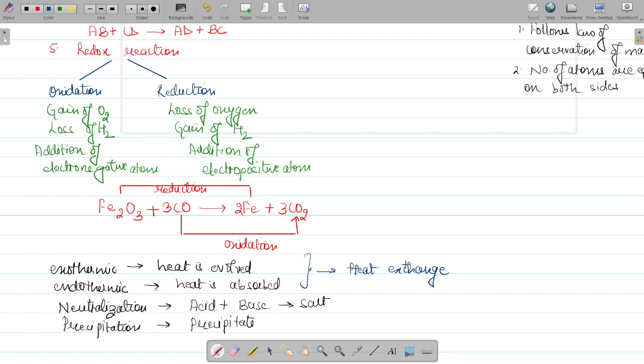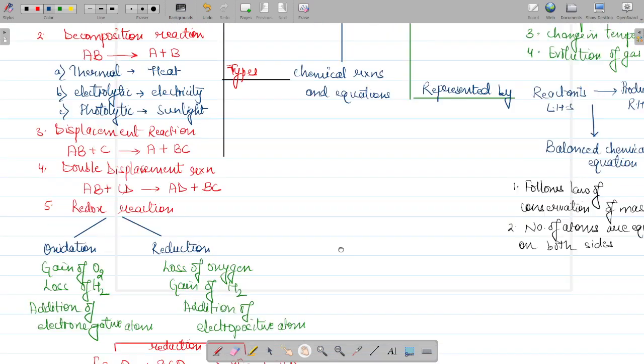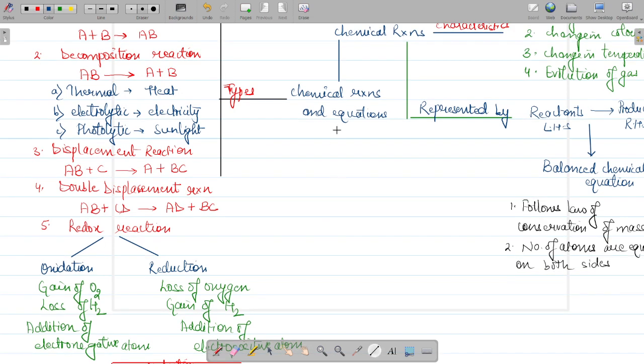Now, moving ahead, when we are talking about chemical reactions, we also have two more things. Now, what are the two more things? The two more things are corrosion and rancidity.